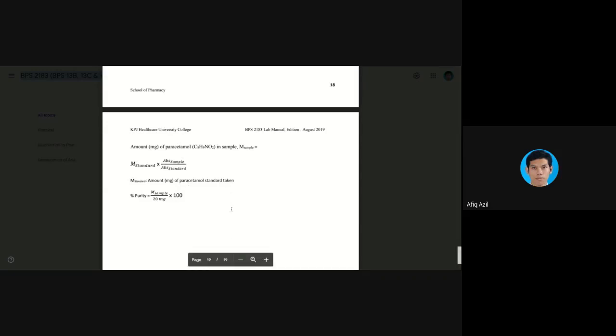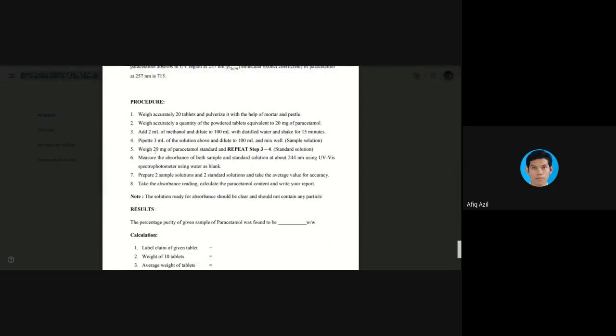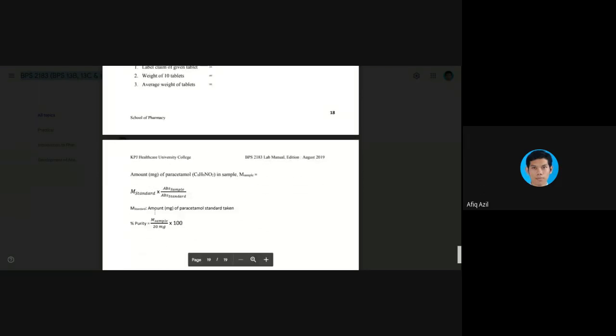In this step, weigh 20 mg of paracetamol standard, you have to take note of the actual weight that you weigh using the analytical balance. So it could be more than 20 mg. Let's say you put 21. So it has to be exactly the same as what you are going to put in the calculation.